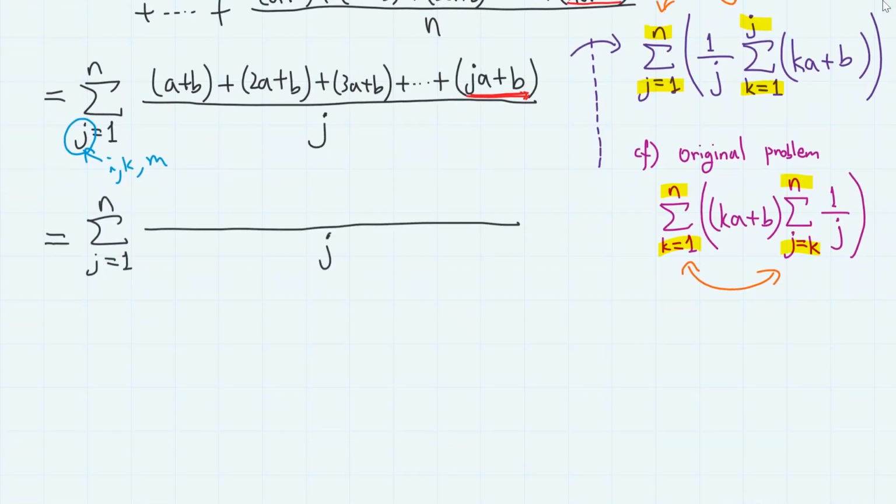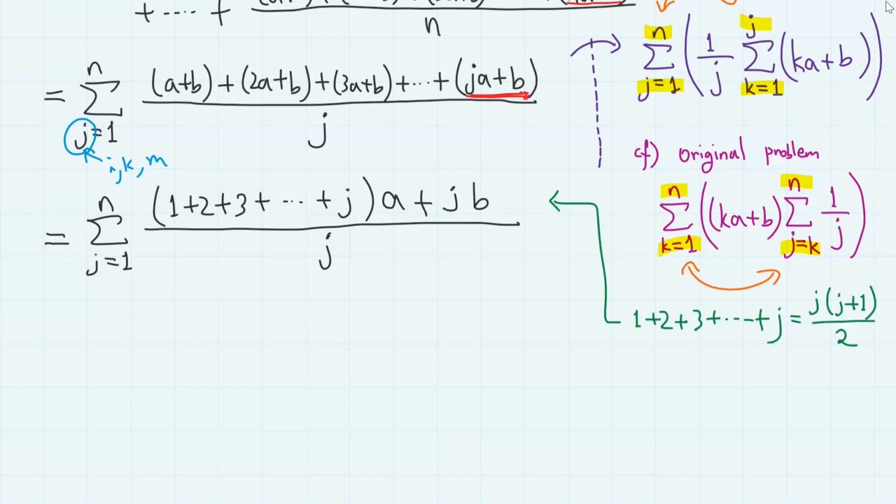For now, let us try to clean up this numerator part. It would be helpful if we separate it into A terms and B terms. In front of A, you can see that we should have 1 plus 2 plus 3 plus so on, all the way up to j. And for B, we simply have jb.